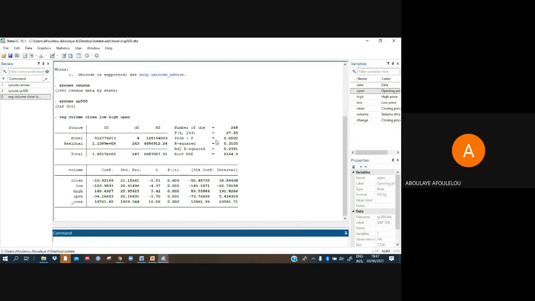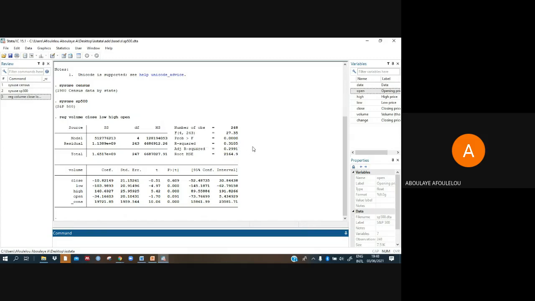When the probability is greater than the significance level, we have to accept our null hypothesis. As you can see, this value 0.0000 is less than the significance level. The conclusion here is the model we are running is better than the intercept-only model.